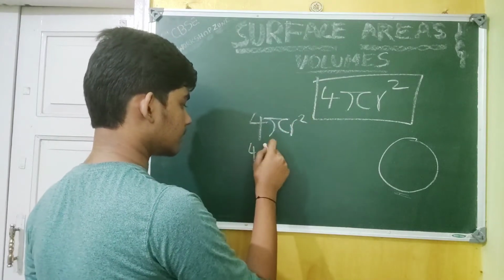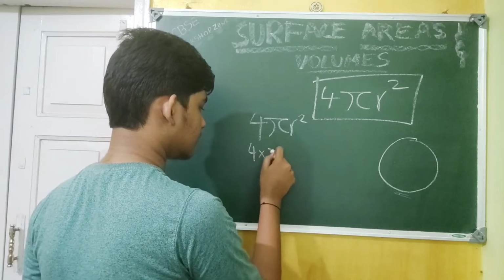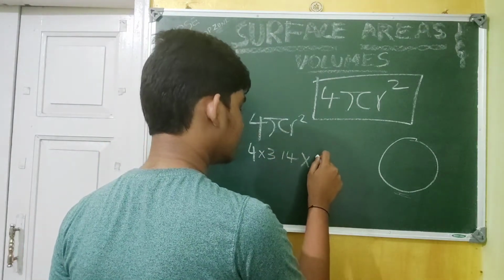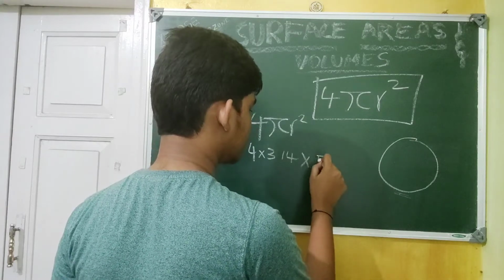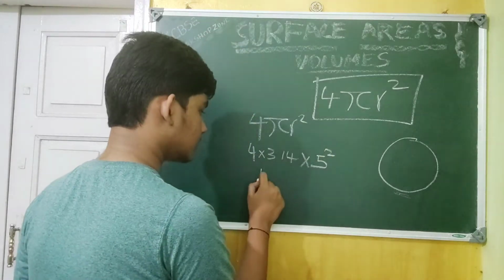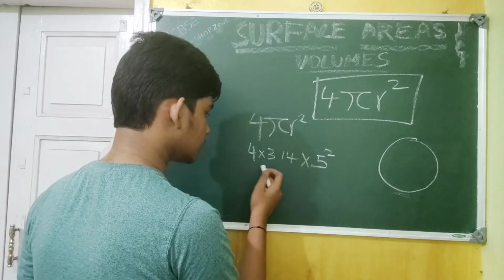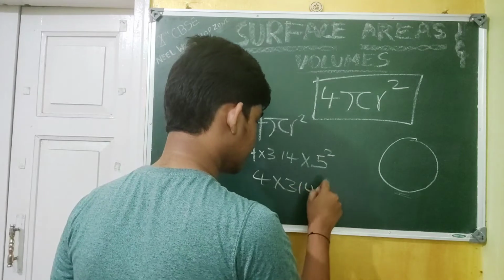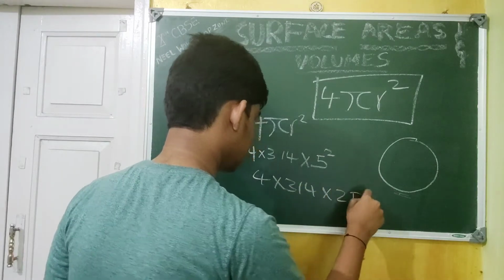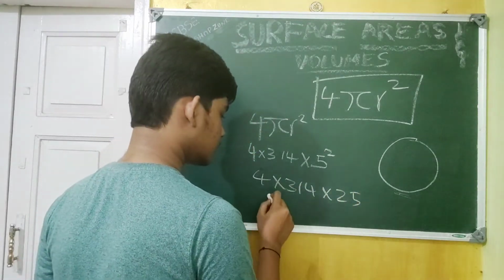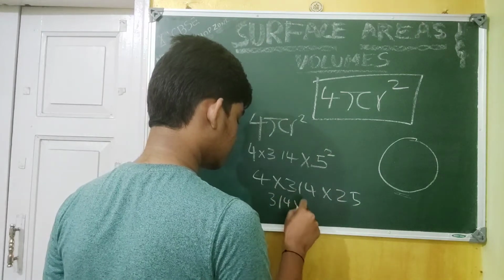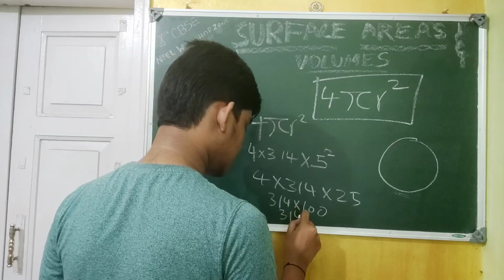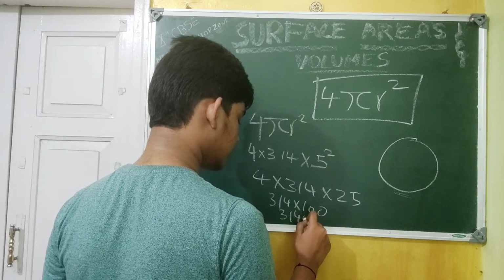So 4 into 3.14 into r squared, which is 5 squared. 5 fives are 25, and 4 into 25 is 100. Let's multiply this: 3.14 into 100, which means you'll get 314 centimeters squared.